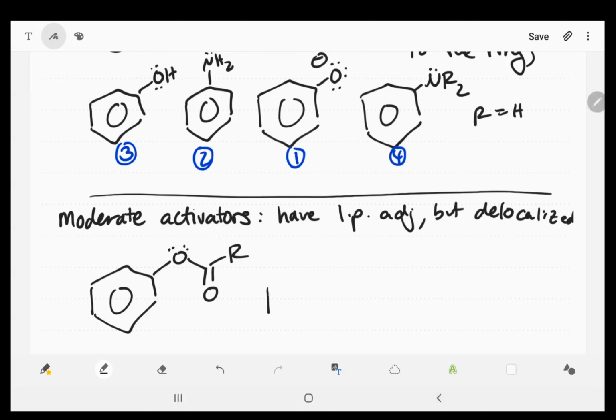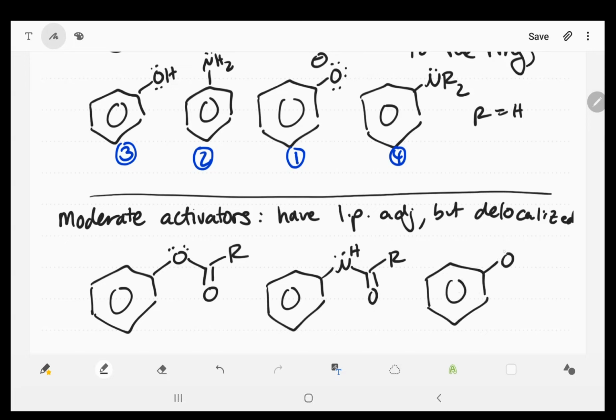We're going to see amides behave the same way. Amides would also be moderate activators. And then another one is ethoxy groups. So ethers are also moderate activators.